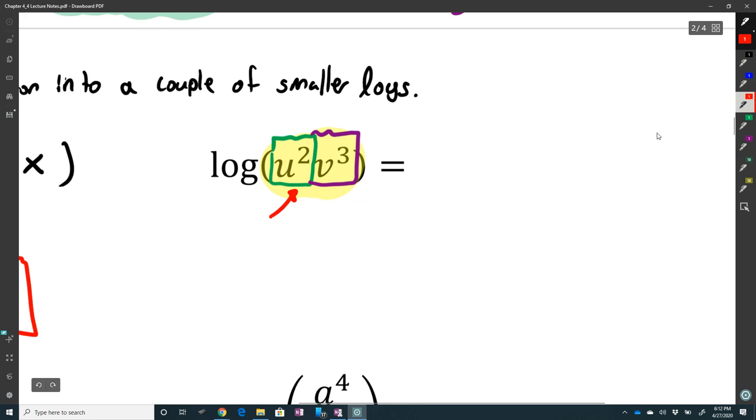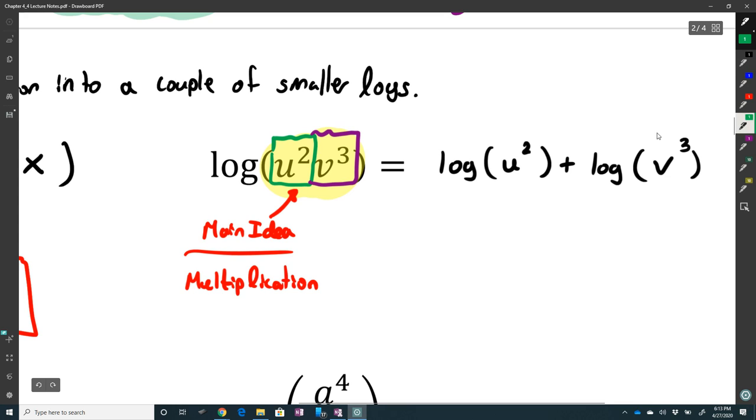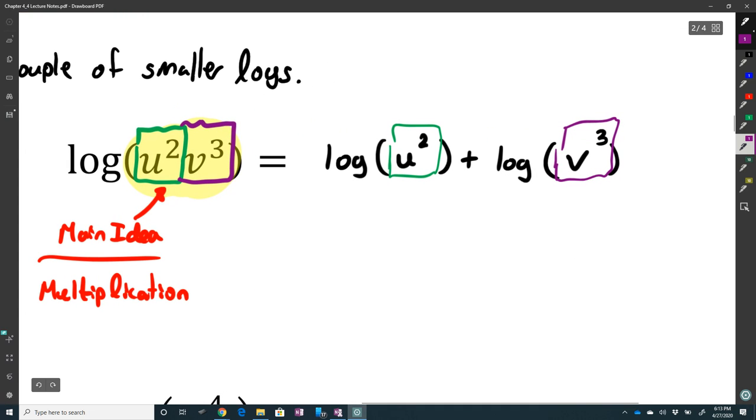So the main idea is still multiplication. So that means that we're going to do log of u squared plus log of v cubed. Notice how the first one goes in the first log, the second one goes in the second log. And now if I look at each one, I can keep going.